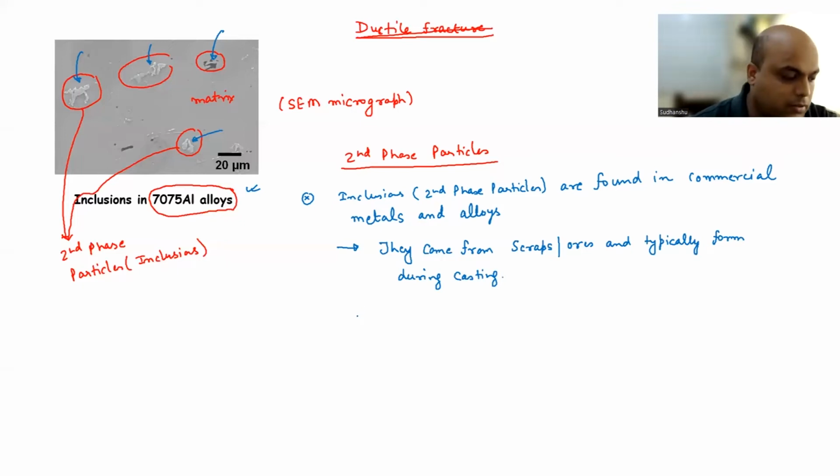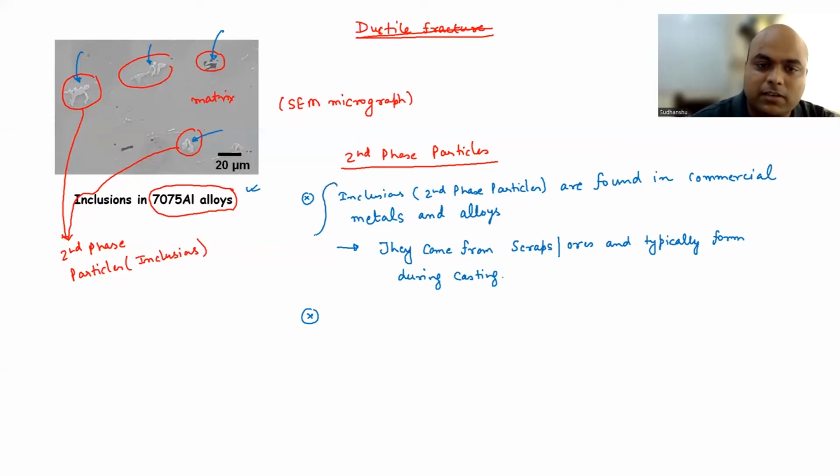If after casting you do thermomechanical processing, they are going to break down, but typically they form during casting. Now, if you talk about steels, you are going to add carbide formers, nitride formers, or carbonitride formers. Those are also second phase particles, but they are actually providing strengthening.